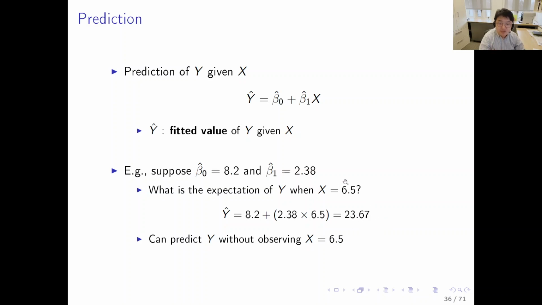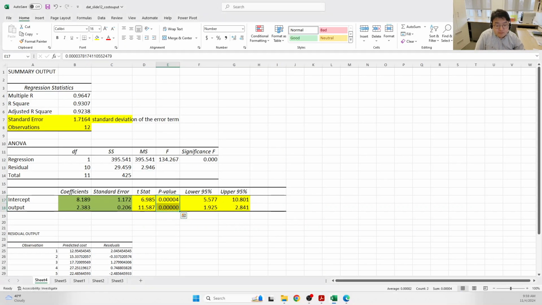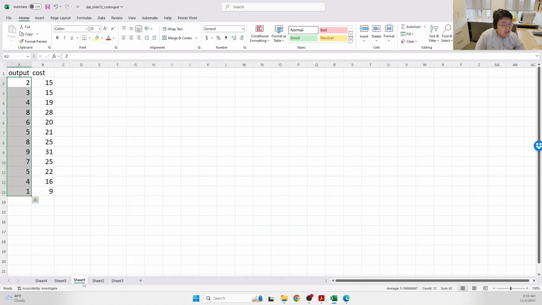Remember, we never observe 6.5 in the original data. We observe 6 once, and we observe 7 once.